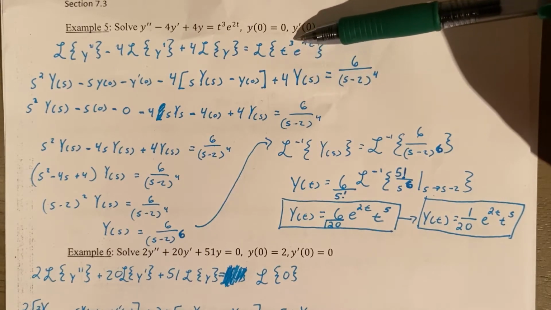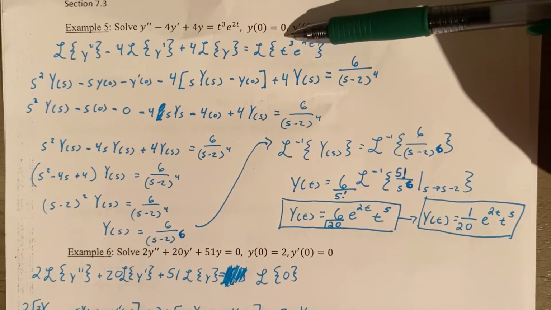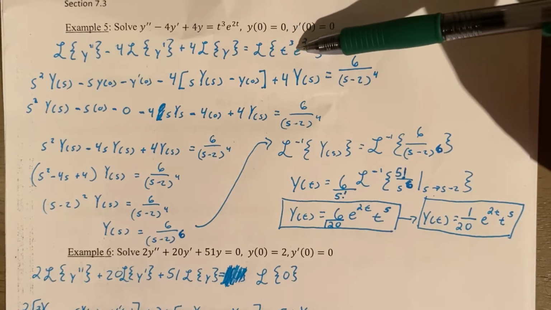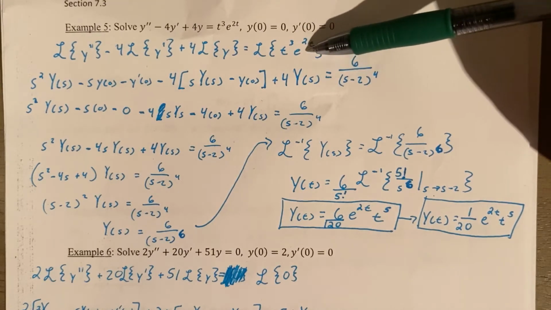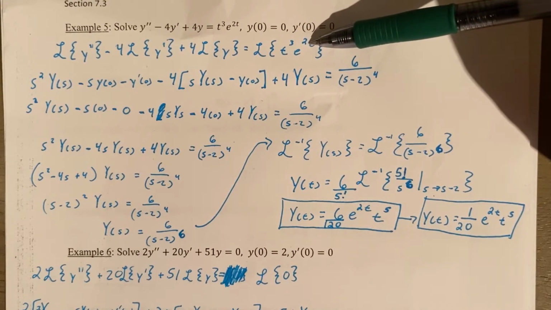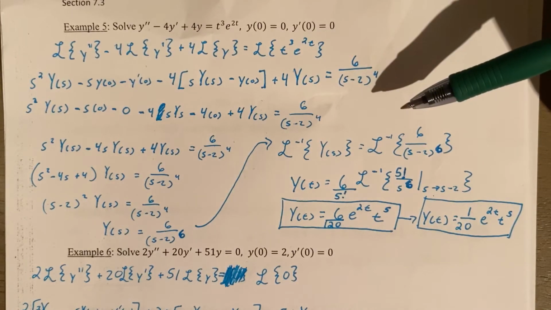That's just going to be 3 factorial over s to the 4th. So 3 factorial is 6. But here we have the e to the 2t, so we need to make sure that we incorporate that. So it's just s minus 2 to the 4th.